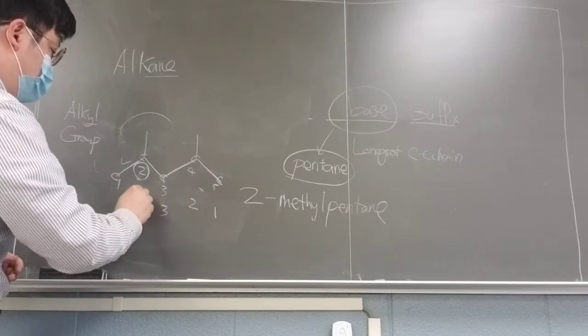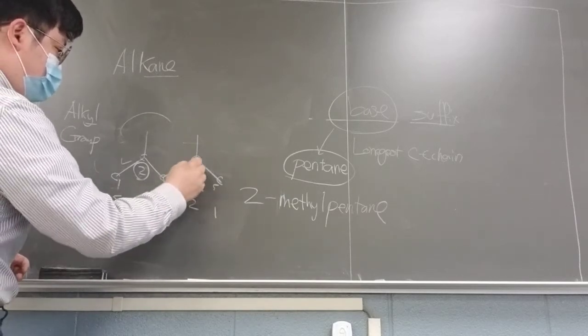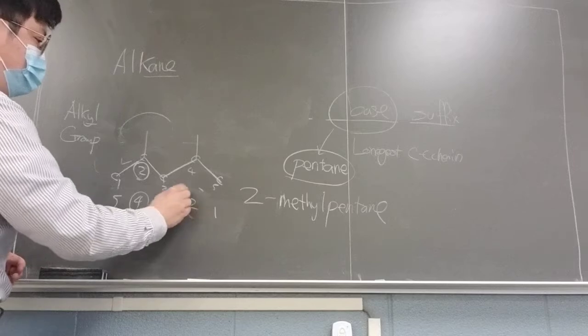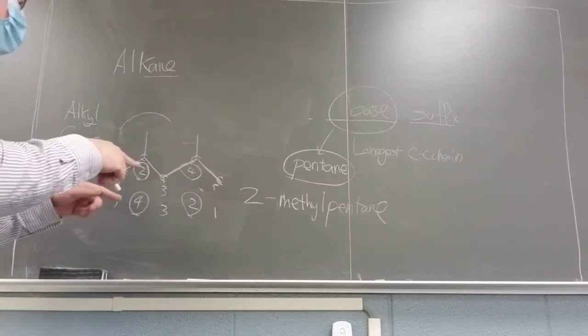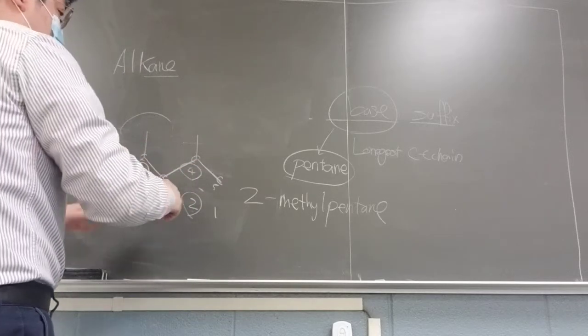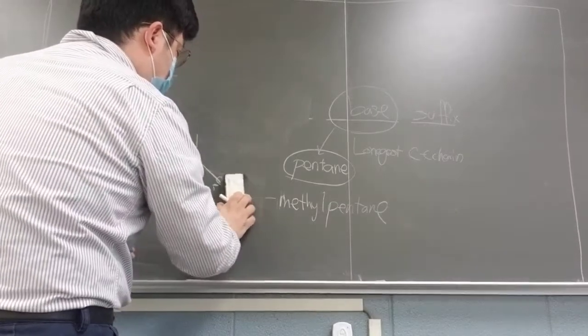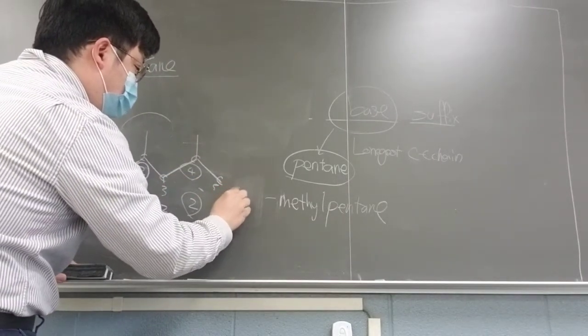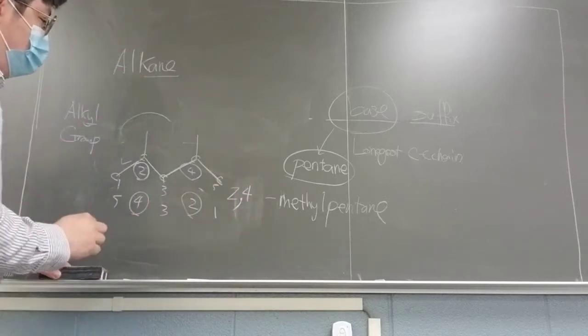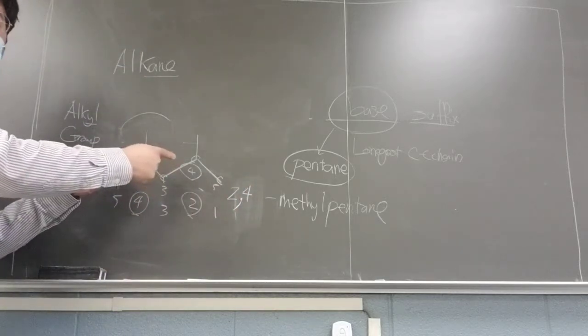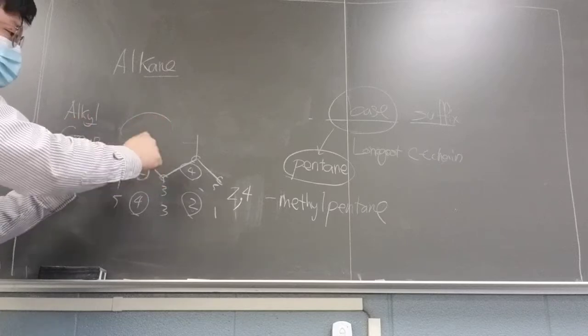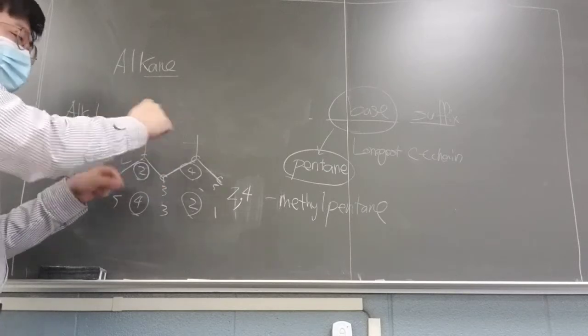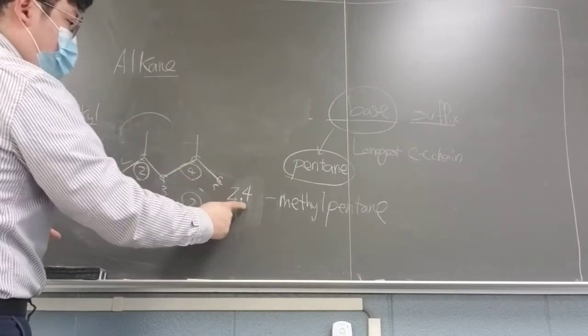Counting the other way, 1, 2, 3, 4, 5, still 2 and 4, but the other way. So the combination of numbers is still the same. So now the locant is going to be 2 and 4, 2, comma, 4. Because now you have 2 additional groups, you also have to put 2 locant numbers there, one for each. Okay, it's 2, comma, 4.